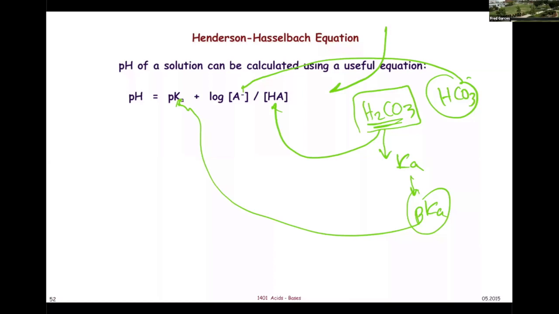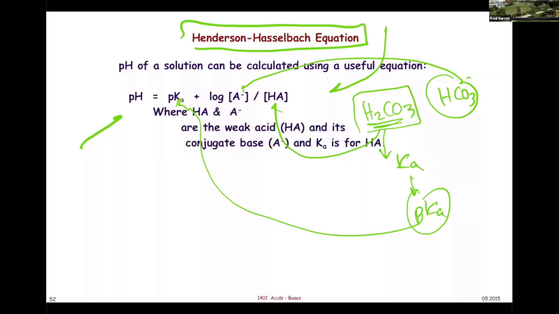If you ever go to a biology lab or you work in a clinical lab, you're going to find out that your assays, the chemicals that you're dealing with, have to be buffered. And in order to prepare a buffer solution, you have to be able to use this equation. It's called the Henderson-Hasselbalch equation. You don't have to derive it, just make sure you know how to use it.